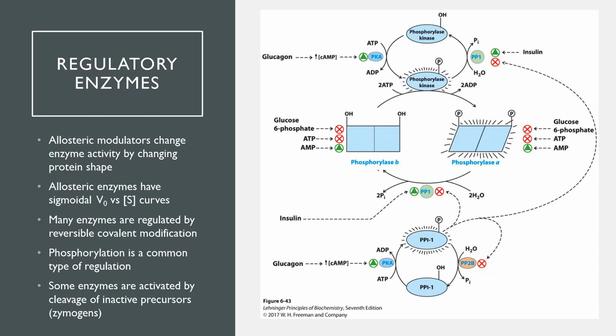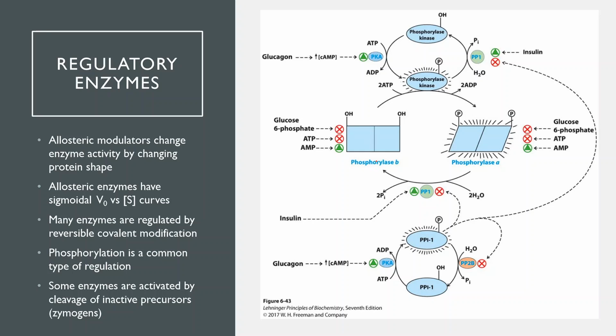So here's again our enzyme phosphorylase B. Its job is to phosphorylate glucose, or start the process of breaking down glycogen into glucose. So it has lots of different regulatory signals.